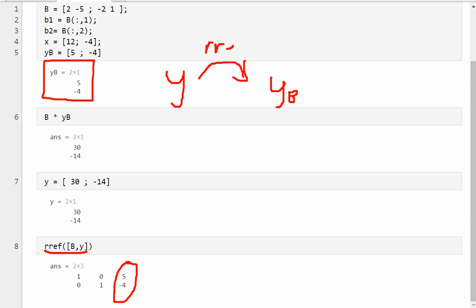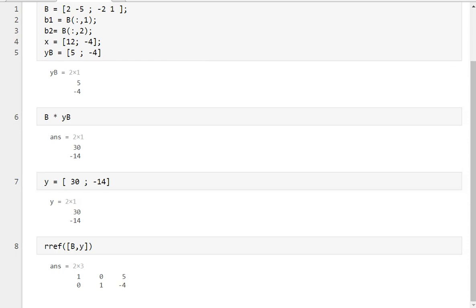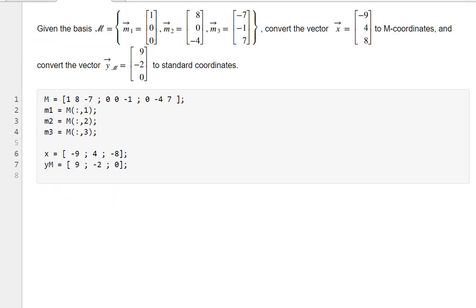I'll just put RREF here. If I use RREF, then I go from the vector itself to the vector in b coordinates. And if I want to go back this way, I'll just put times. We're just multiplying. And so it's pretty straightforward. Let's look at an example from R3 next.